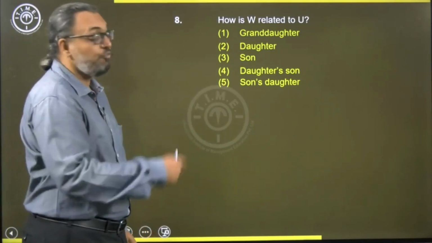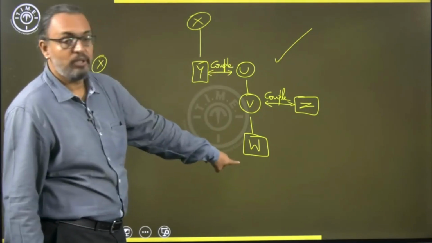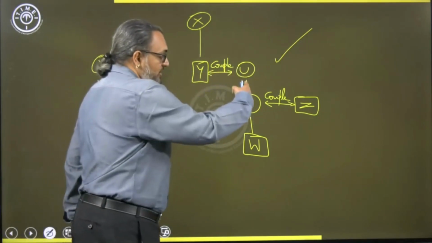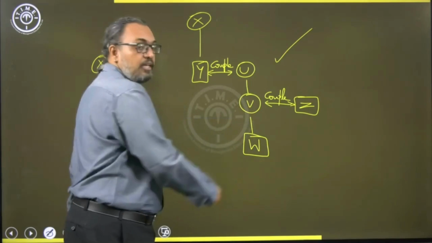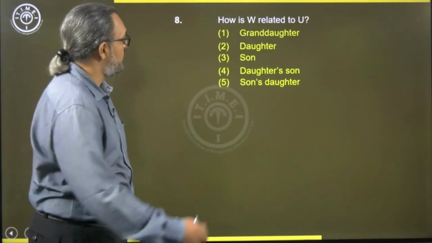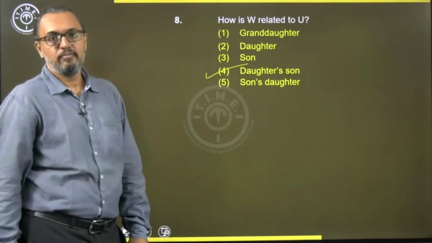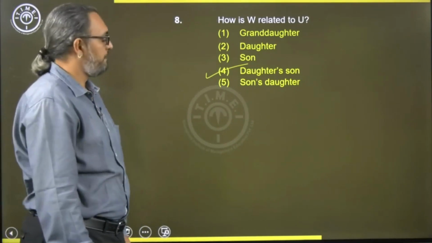So from U, we have to check. So from U, how is W related? So U has a daughter and that daughter has a son. So daughter's son is grandson. So we have daughter's son, choice 4.